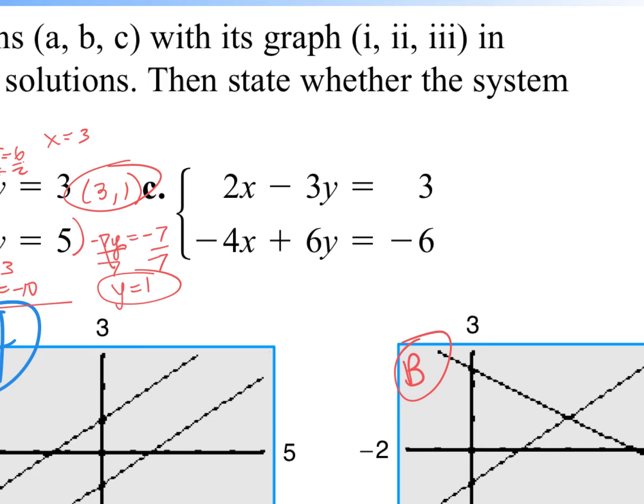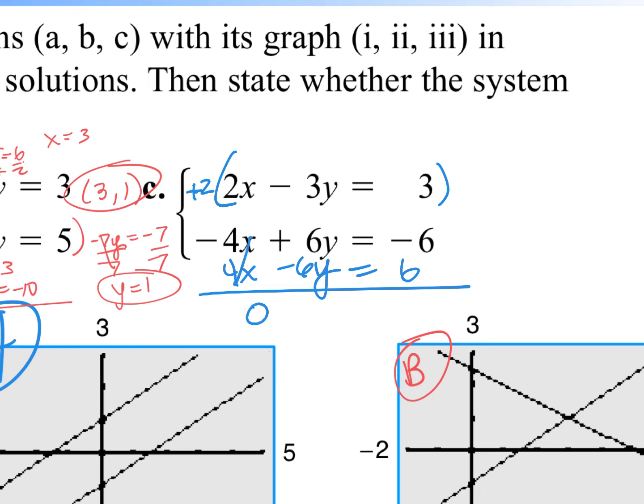So now I look at the last situation. Again, get rid of whatever you want. I tend to always go with x's, but again, I like to look and see what's going to be the easiest. So I'm just going to multiply the top equation by positive 2, so I can get the x's to cancel out. So I'm left with 4x minus 6y equals positive 6. So when I add down, -4 and +4 cancel out, -6 and +6 cancel out, -6 and +6 cancel out.